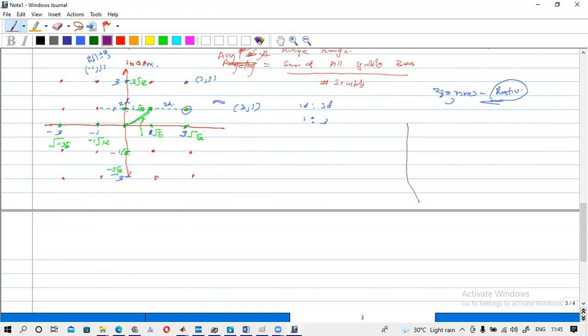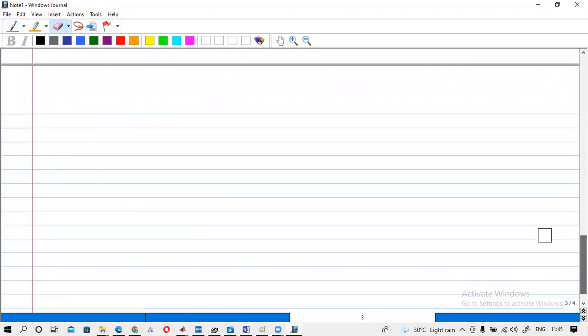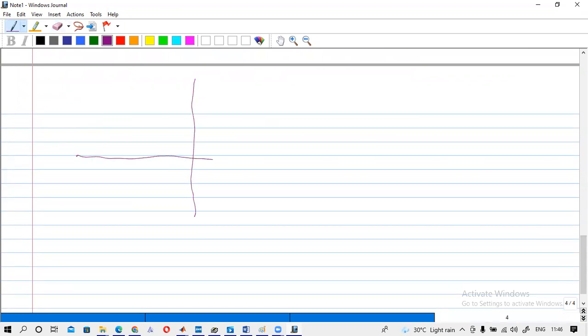So our constellation diagram will look like this. So we have coordinates. This will be root t. This will be 3 root t. This will be minus root t.